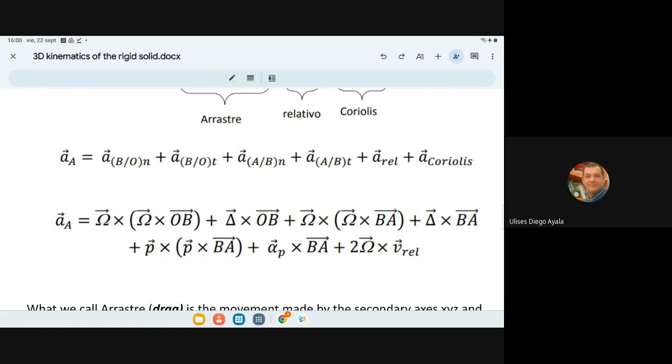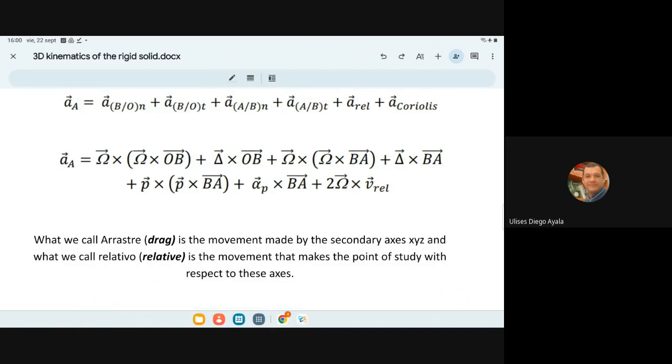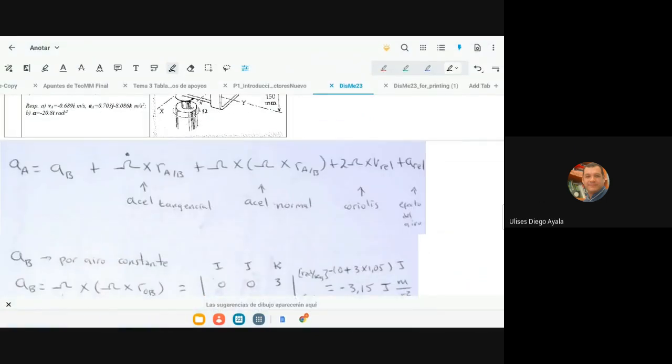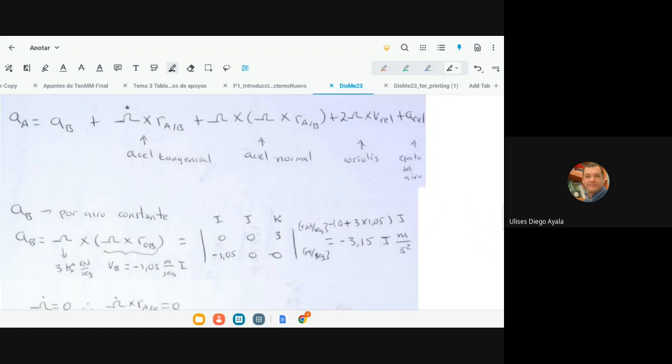Adding Coriolis, because we have two rotations at the same time. And the same, the arrastre is relative. So that's why with giro constante, you have only one. And this will be the equivalent.